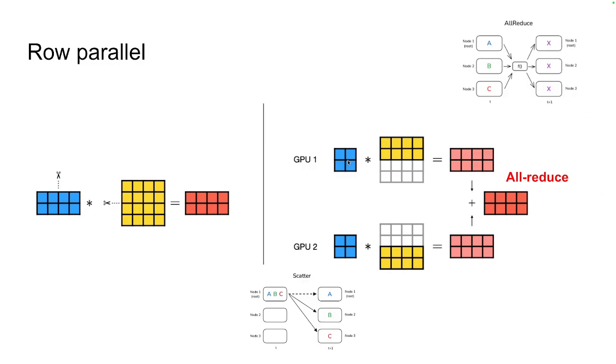We do a matrix multiplication independently on all the GPUs, and now you have to accumulate the results, because here you only get the upper half, and you get both halves, but these are partial results.